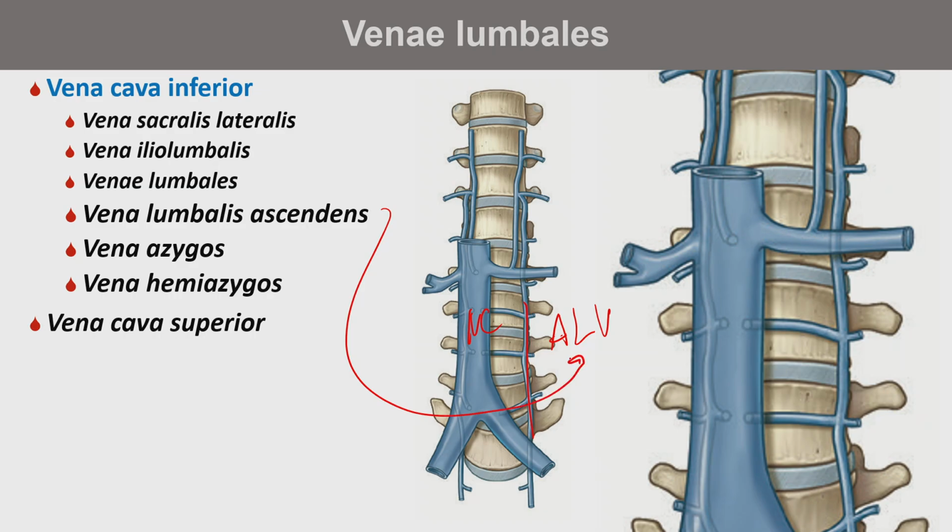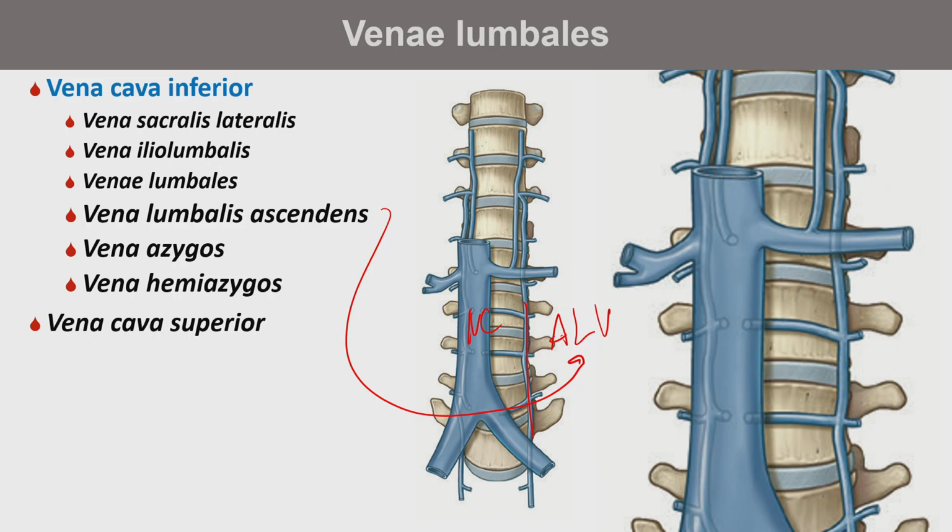And this web is organized so it is able to drain every step in a different direction. It's due to the original segmental organization of the embryo, and the embryo has multiple veins which lead the blood from the organs from the caudal to the cranial part.